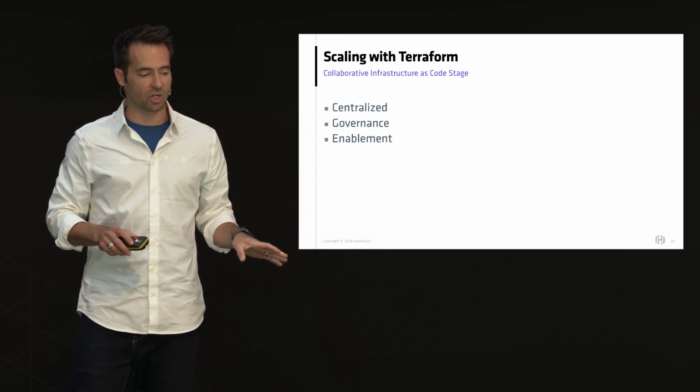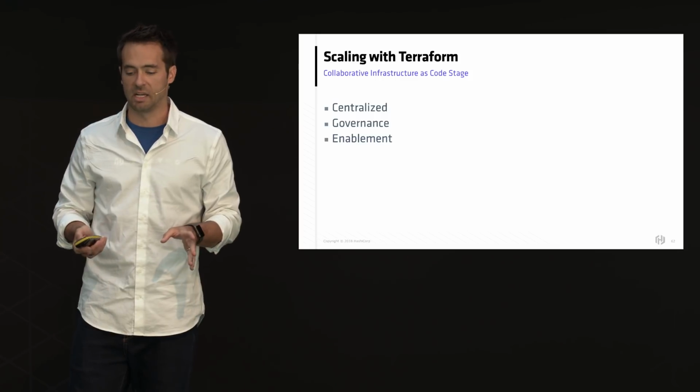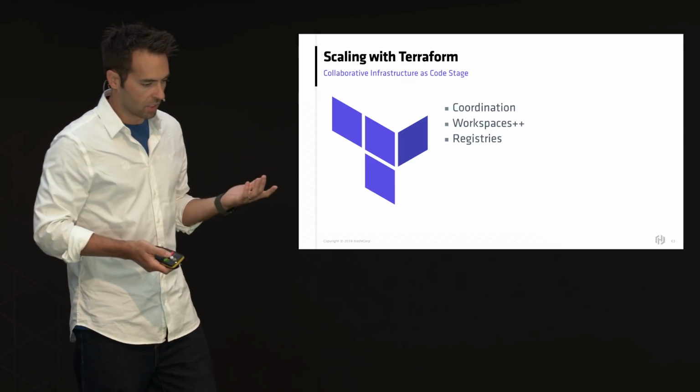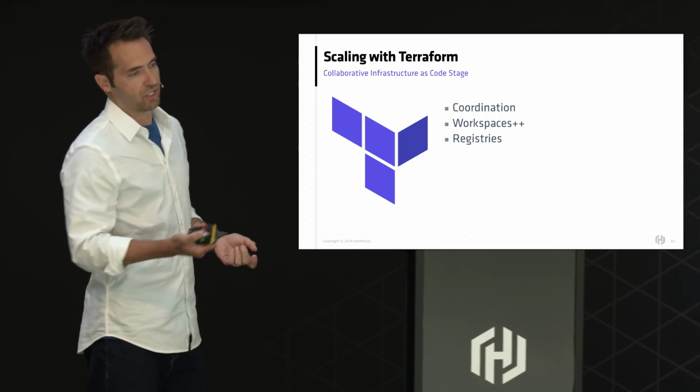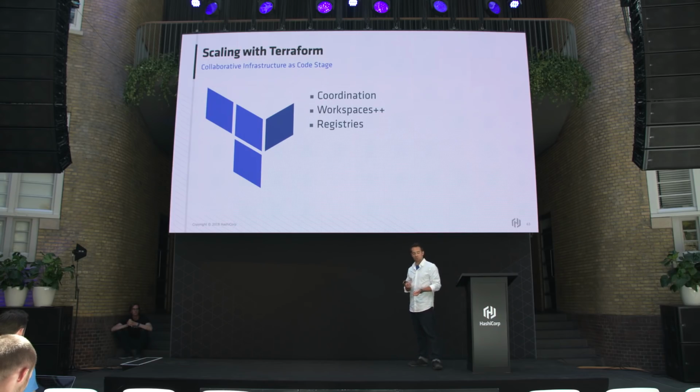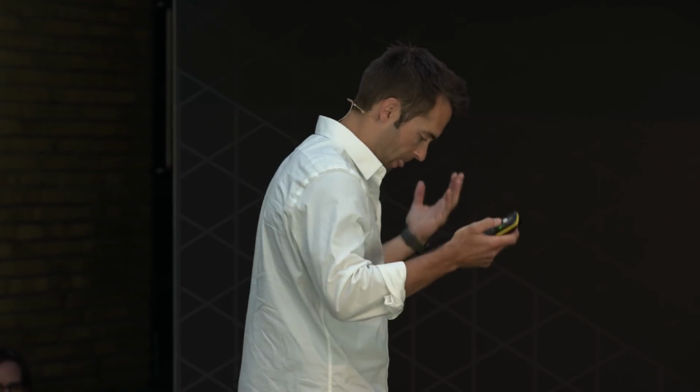We're not going to be using Terraform directly anymore. So at the collaborative infrastructure as code stage, we need coordination. We're going to need some enhanced workspaces, and we're going to start using registries. Some of these are features of Terraform. Some of these are features of what we're going to get into next, because at this stage, we need something like Terraform Enterprise.